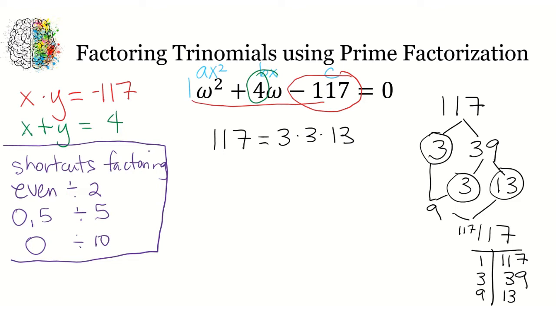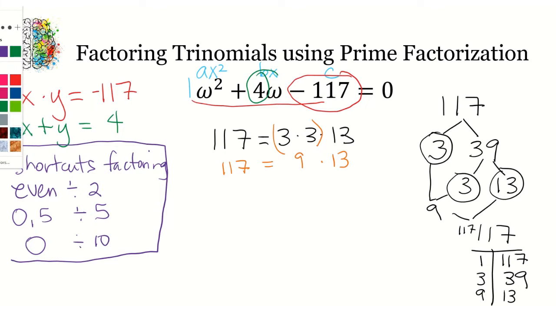So you can see that when we do these factors, I can group them together differently. So that would make a 9 and 13. That gives me another set of factors. And then what we had originally, we had the 117.